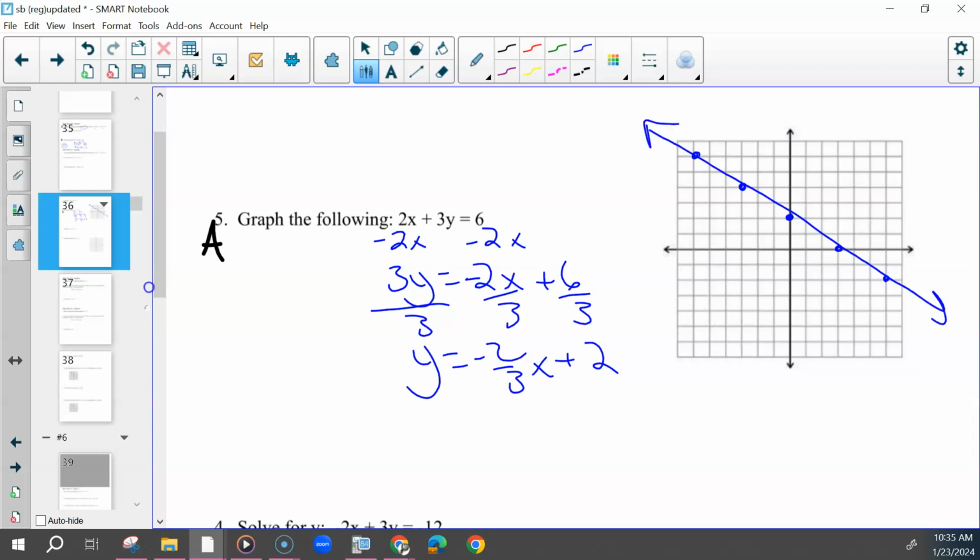And your line should look something like that. If you did that in Desmos, just type in the equation, you should be able to find your slope and y-intercept, and then rewrite it to make sure you have the correct slope and y-intercept. Questions on that one?